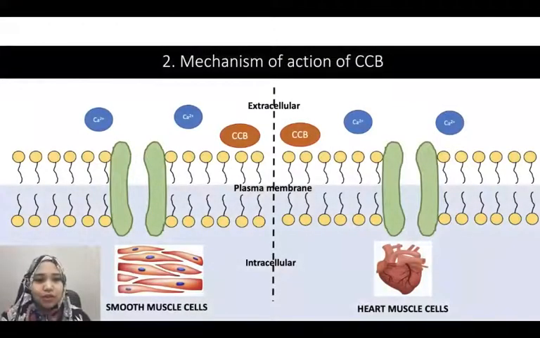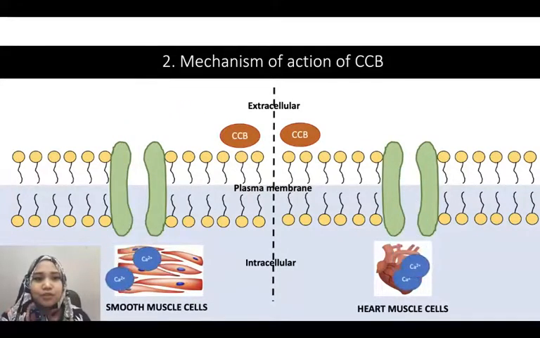Let's now look at the diagram of the smooth muscle cells and heart muscle cells. As we know, calcium enters the cells via calcium channels, where extracellular calcium will go into the cells via voltage-gated calcium channels. So the calcium influx will activate the major contractile proteins that will drive the contraction activity.